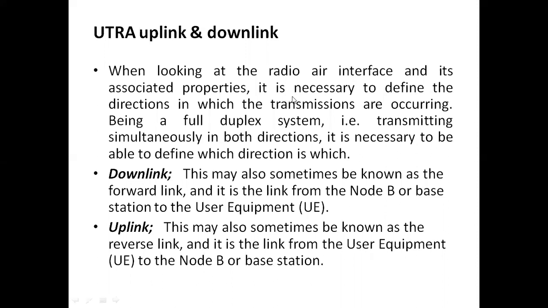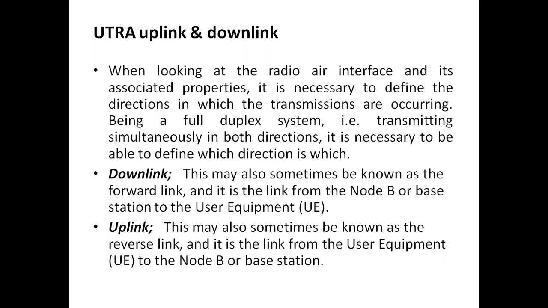And the second one is uplink. Uplink can also be called reverse link. It is the link from user equipment, or mobile phone, to the base station. So downlink is the transmission direction from base station to the equipment.